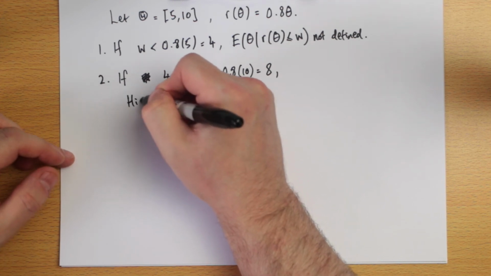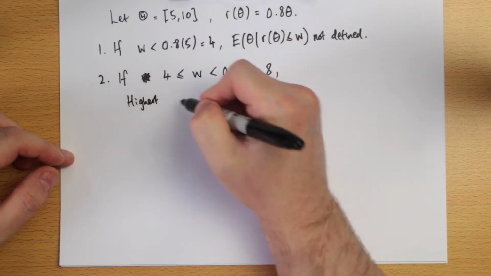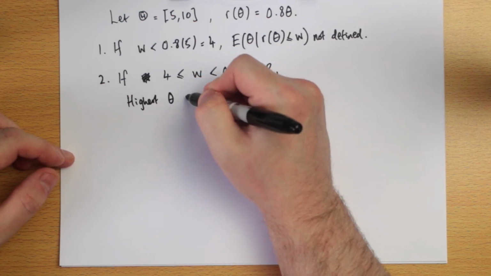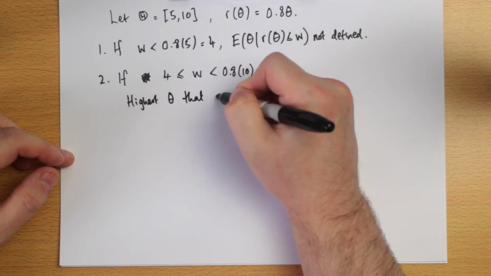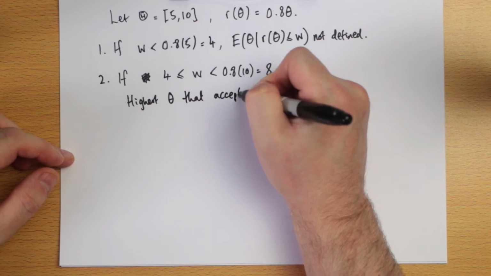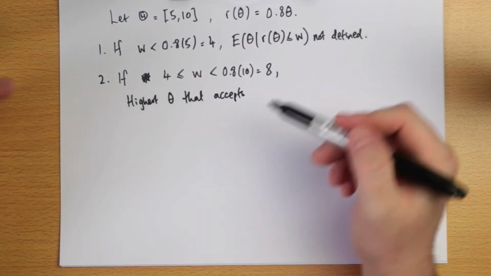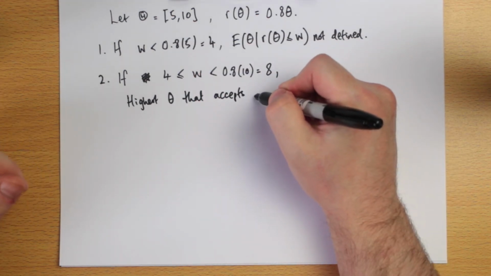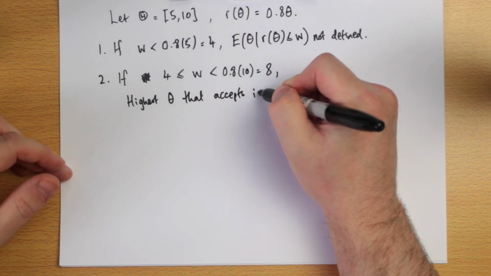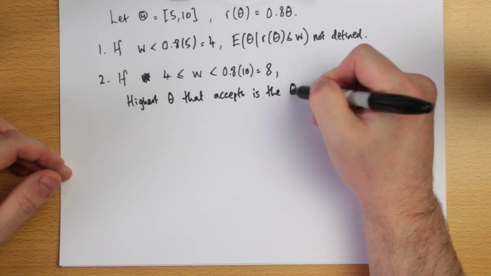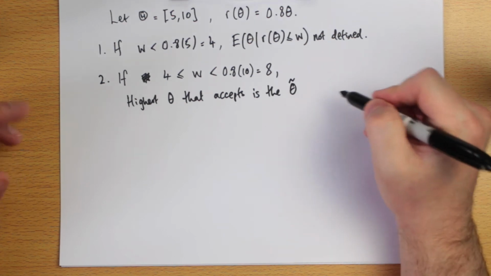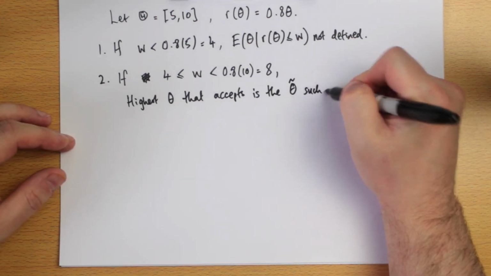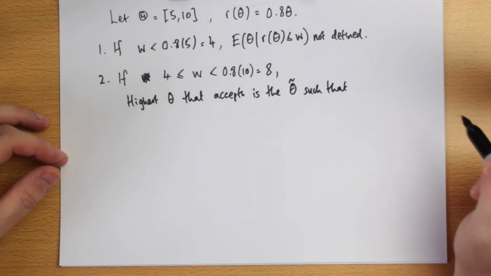So the highest theta that accepts. We know the lowest theta is 5. What's the highest theta that accepts? Well, let's give this a name, let's call it theta tilde.